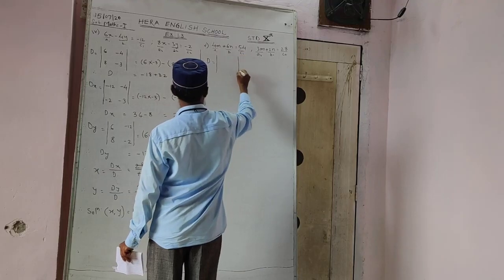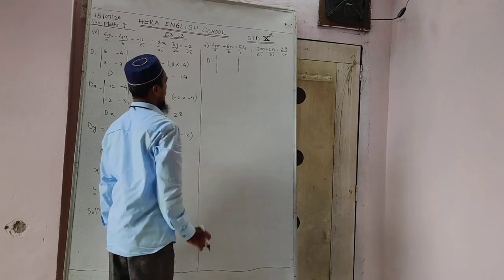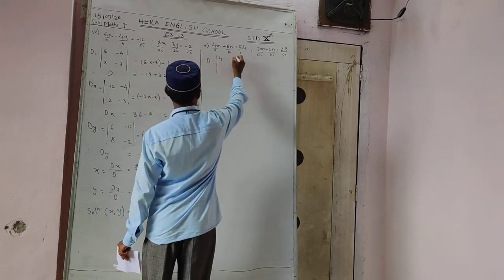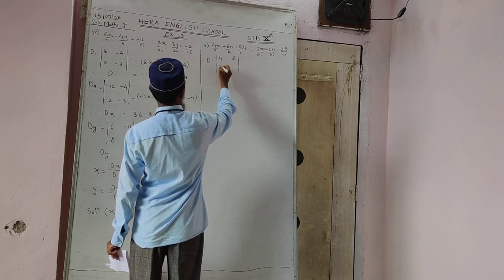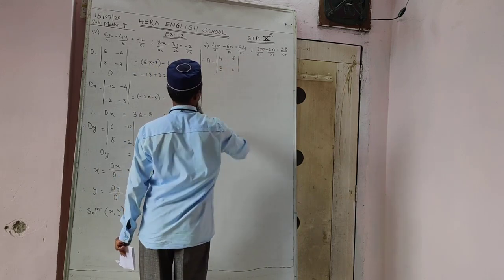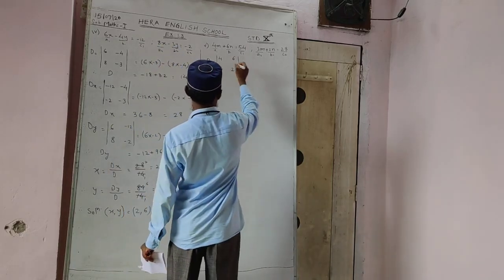To get the value of d first, we'll write here a1, b1, a2, b2. Keep your a1 as 4, b1 as 6, a2 as 3 and b2 as 2. All are in positive sign, so we'll continue directly.